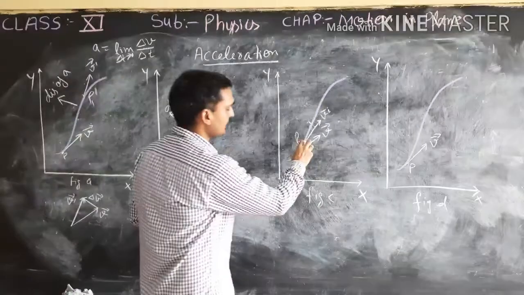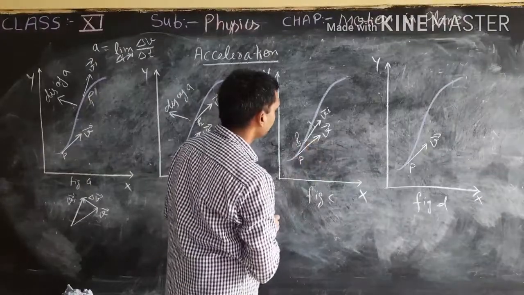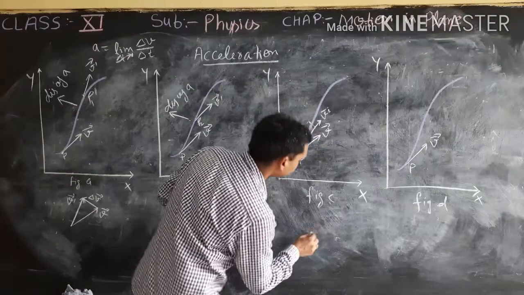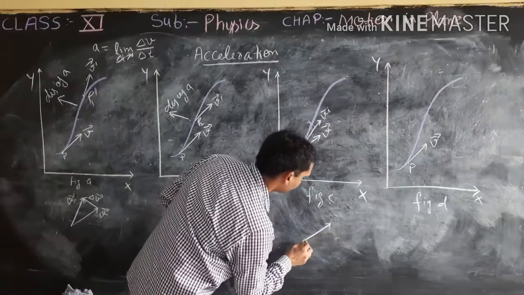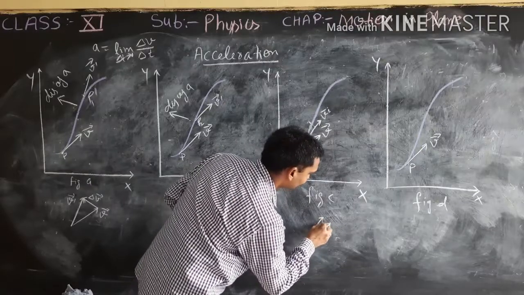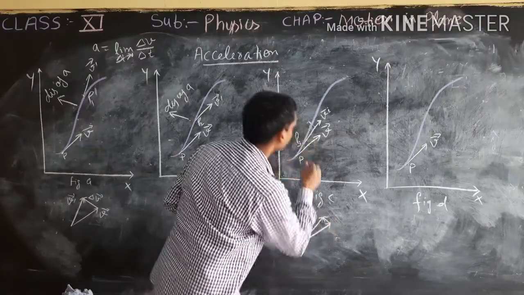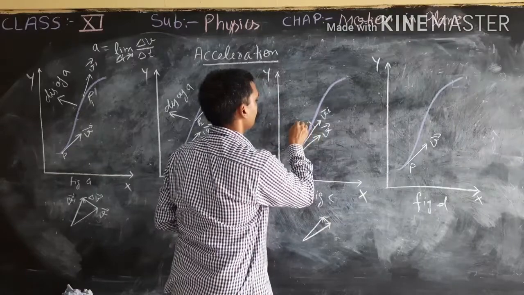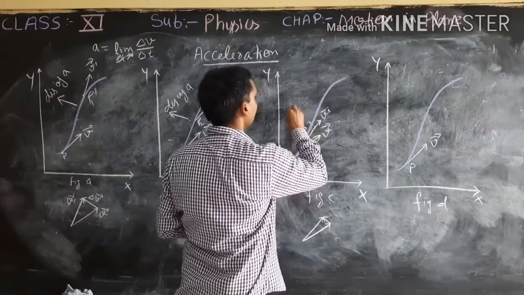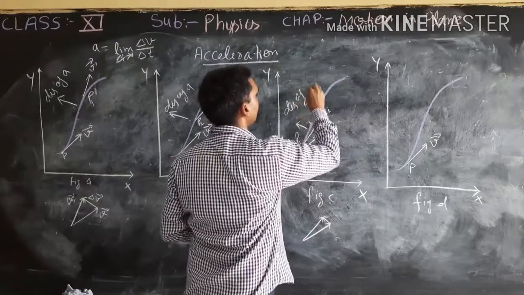Come to next, as delta t tends to 0, this one is a small acceleration, direction is direction of a.